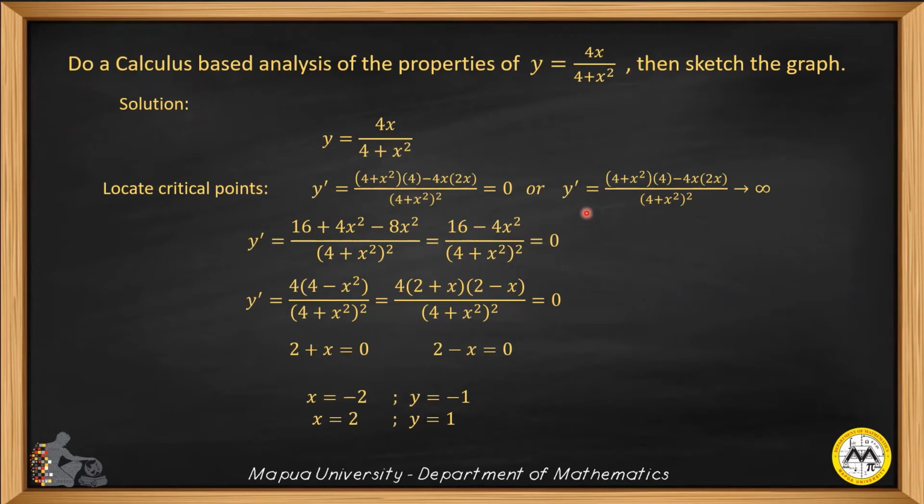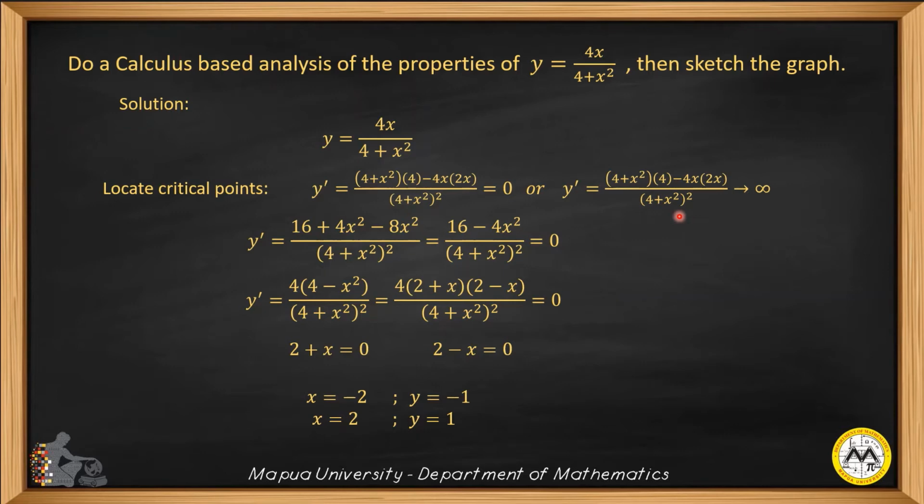Now in the case of y prime with an undefined value, this would be observed at x values where the denominator would be equal to 0. But looking at the denominator here, where we have the square of 4 plus x squared, this will be 0 when x is equal to plus or minus 2i. Now that will be an imaginary number. In this lesson that we have for Calculus 1, we are simply dealing with real values.